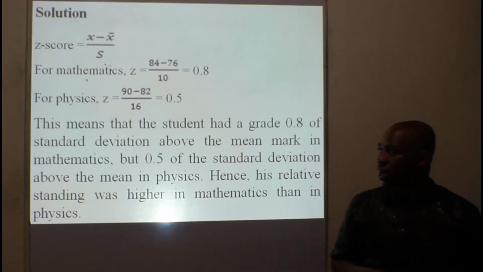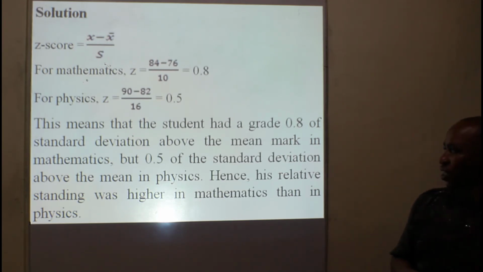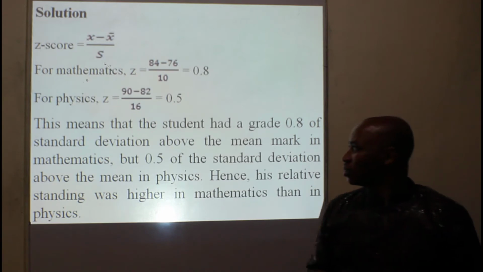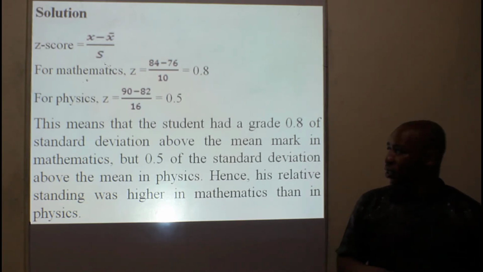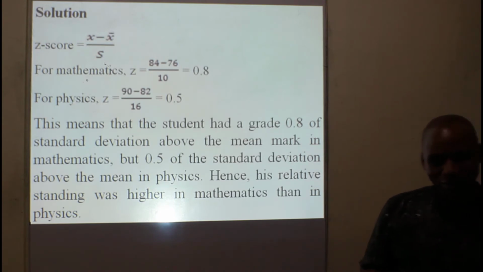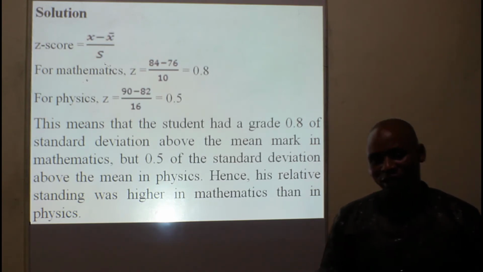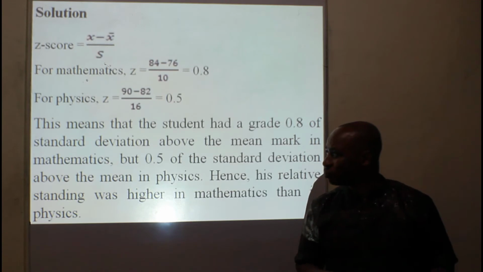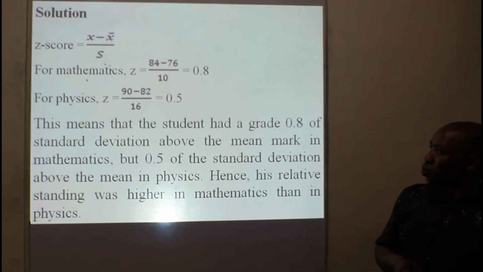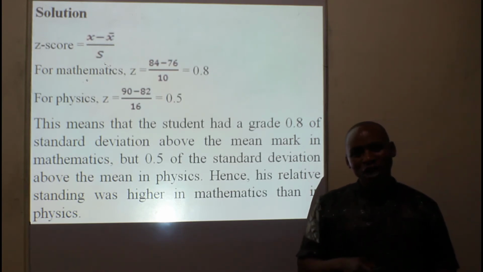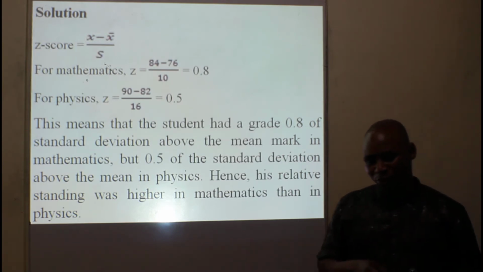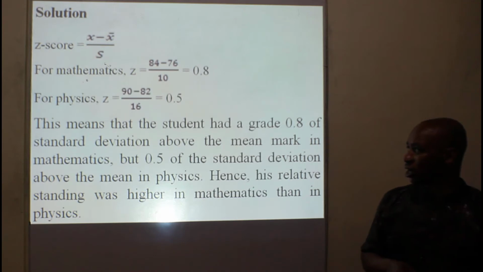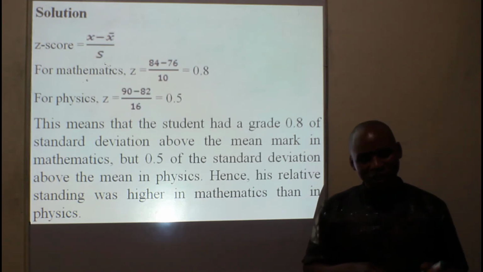Then when you consider the z-score for physics, it will be 90 minus 82 divided by 16, which gives us 0.5. Now comparing the two z-scores, you see that 0.8 is a positive value, and 0.5 is a positive value.